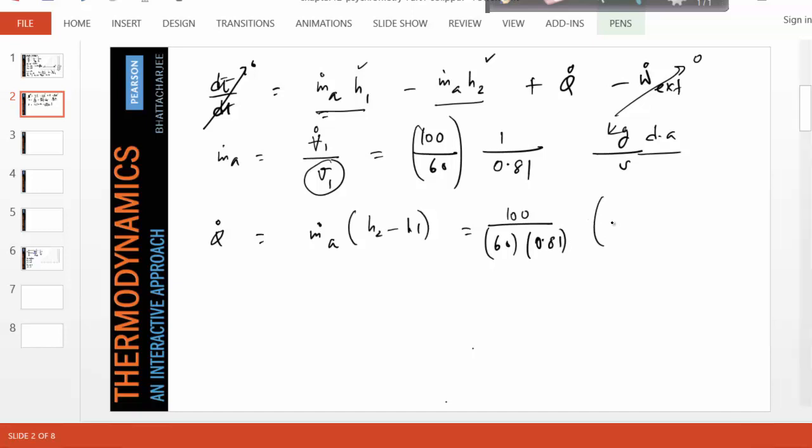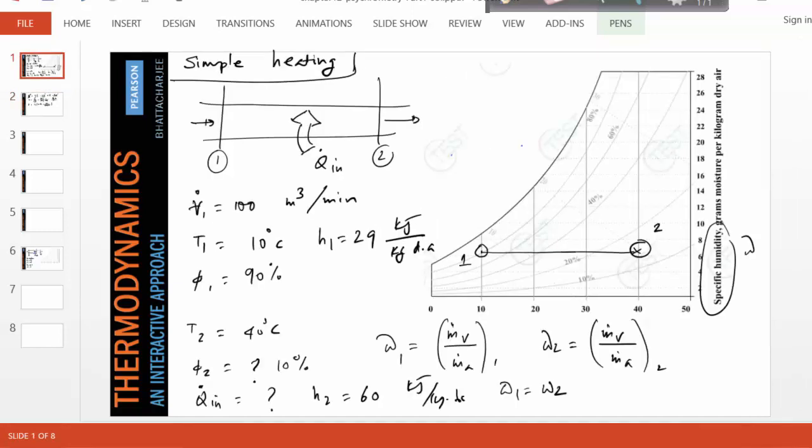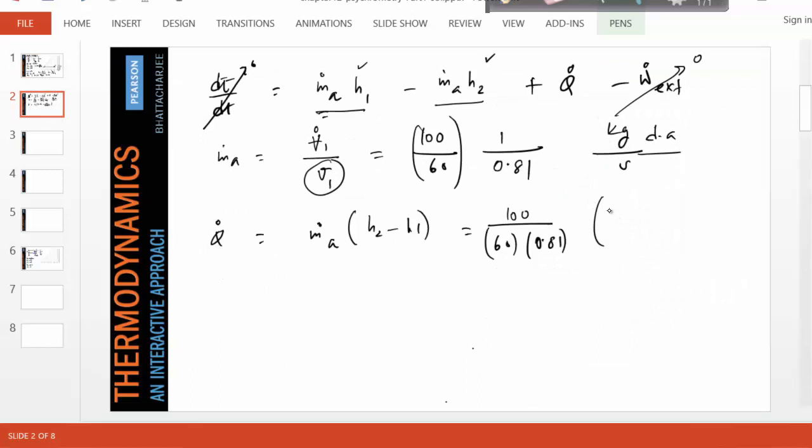And H2, if you recall, we found what is H2 to be? 60 and 29. 60 minus 29, and that comes to about 63.8 kilowatt.